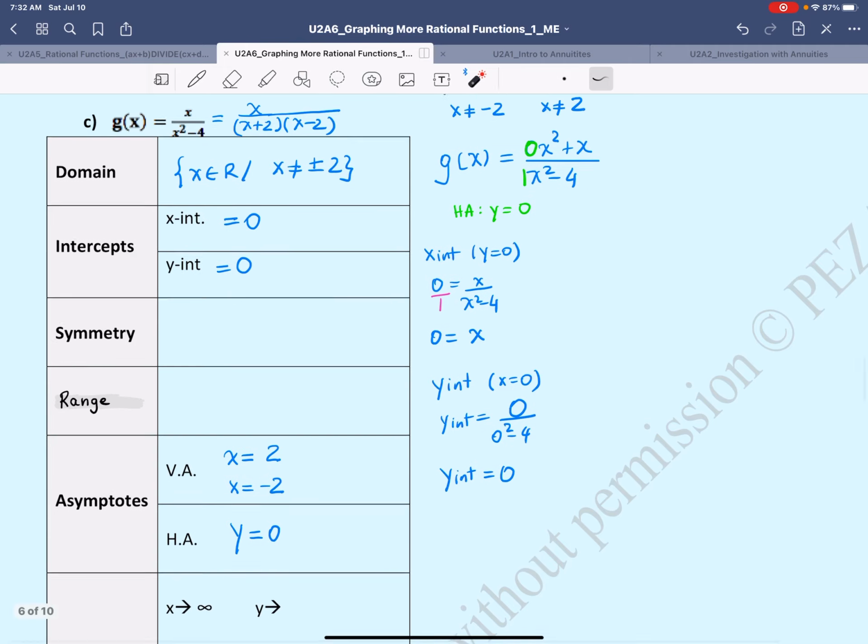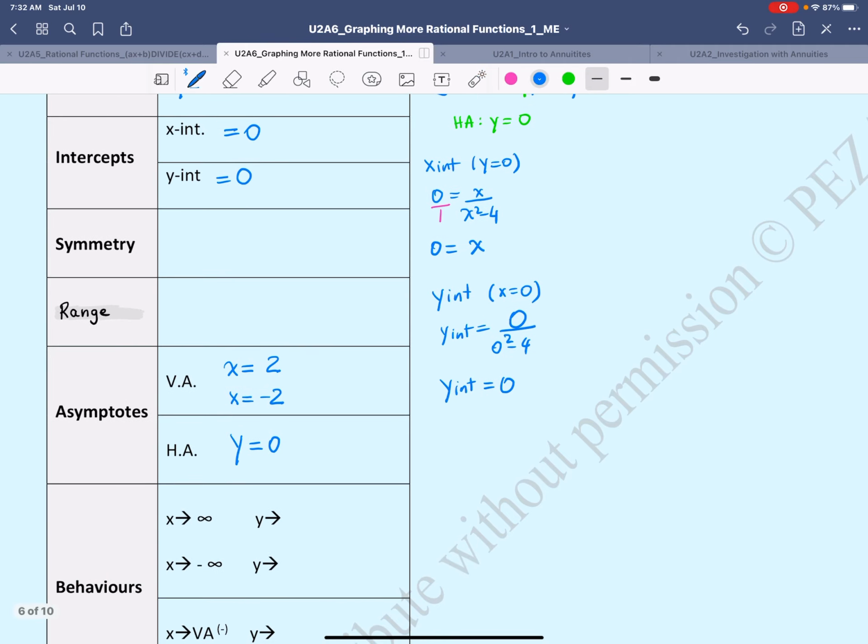We're going to check for symmetry. So first I check for even symmetry, which means that I check and see is f of negative x equal to f of x? If yes, then we'll say that the function has even symmetry.